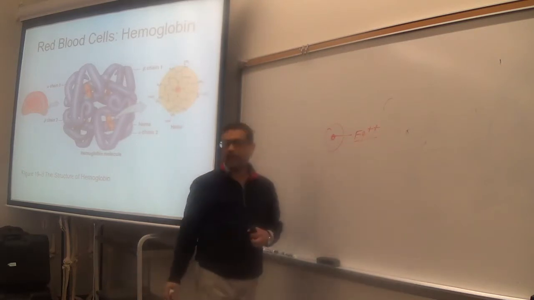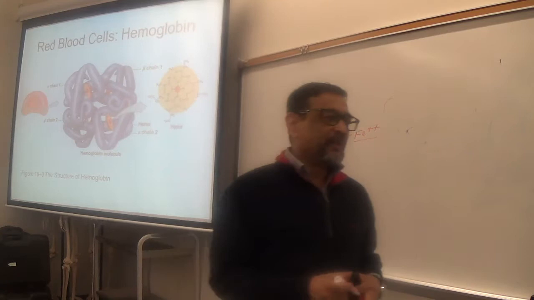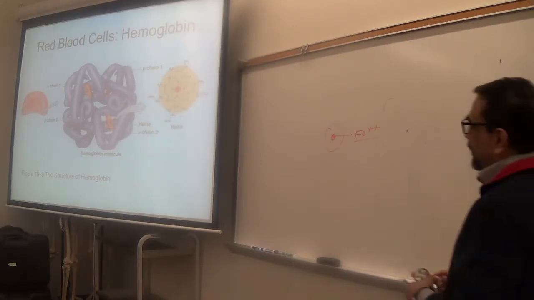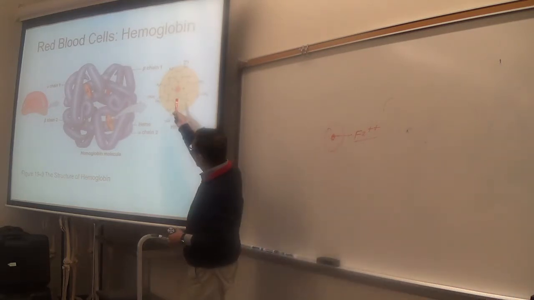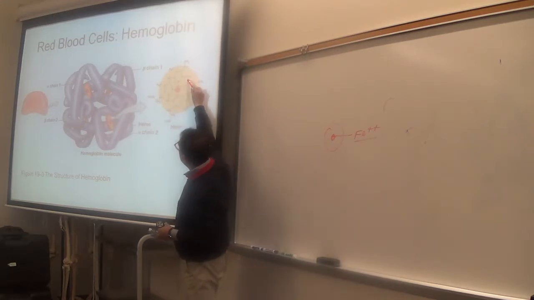Fe2+, not ferric. Ferric has 3+. Okay. So iron is in ferrous form in the center of the heme. Okay. Here you see Fe2+. This is the heme and other chemicals around it. Make sense?